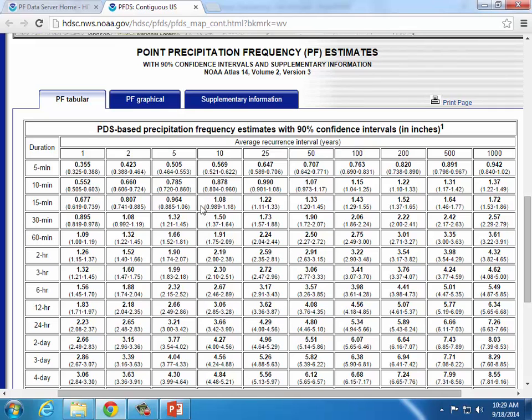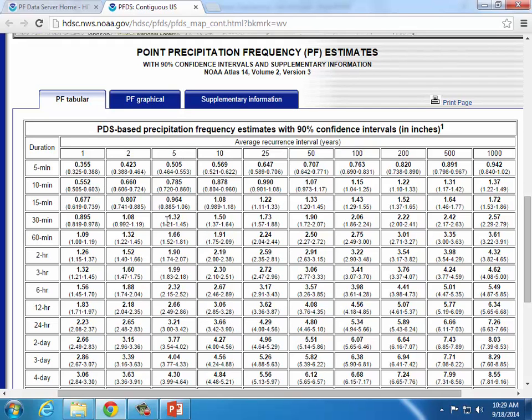So it says that for a 24-hour storm, a storm that lasts one day, the 5-year storm is going to have 3.21 inches, and the 10-year storm is going to have 3.66 inches. So that makes sense, because we know that the higher the return period, the greater the precipitation depth.